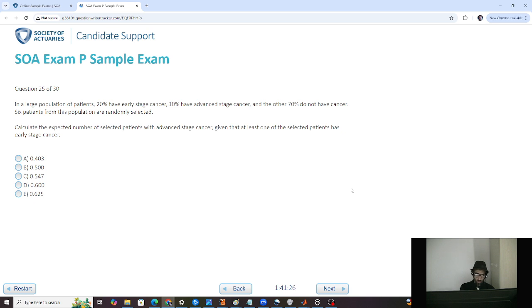So the answer is going to go down somewhat, right? Because if you don't have early stage cancer, there's a slight chance that you instead have advanced stage cancer. Okay, so the requirement of at least one having early stage would slightly decrease the probability, not slightly increase the probability. So it's either going to be choice A, B, or C. Right? Okay, fine.